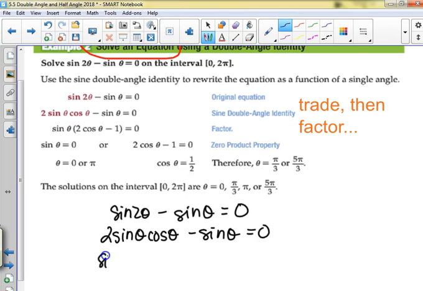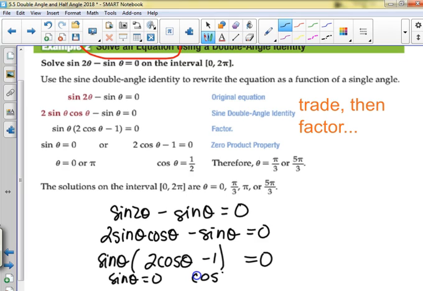Then what could I do? Now I can take out a sine and I'll be left with 2 cosine minus 1. So I need where the sine is 0 or the cosine is what? 1/2. Everybody good? I rearranged that. And we're trying to find only between 0 and 2 pi.